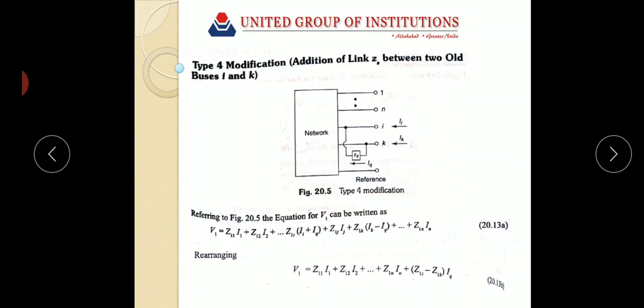Referring to figure 20.5, the equation for V1 can be written as V1 equal to Z11 I1 plus Z12 I2 plus Z1i (Ii plus Iq) plus Z1j Ij plus Z1k (Ik minus Iq) plus Z1n In. After rearranging this equation, V1 equals Z11 I1 plus Z12 I2 plus Z1n In plus (Z1i minus Z1k) Iq.